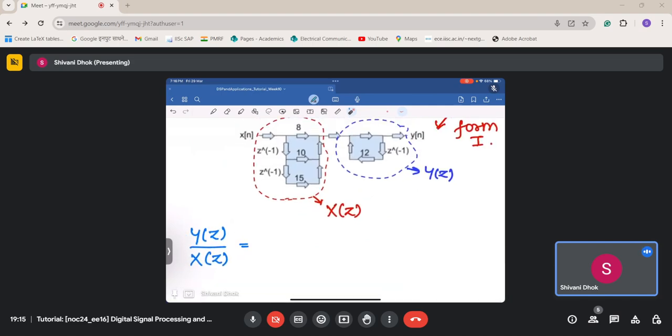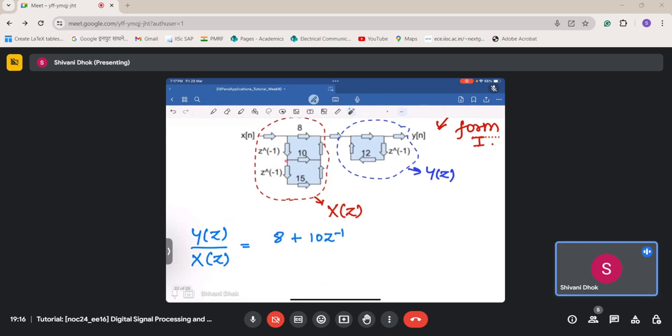So X(z) gets multiplied by this quantity, which is only 8. Then X(z) gets multiplied by z inverse into 10, and this gets added with 8, so we have 10 into z inverse.